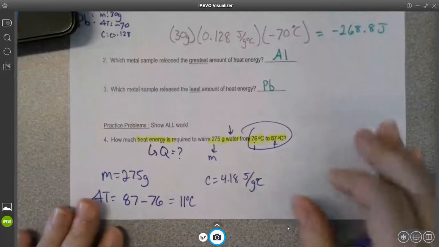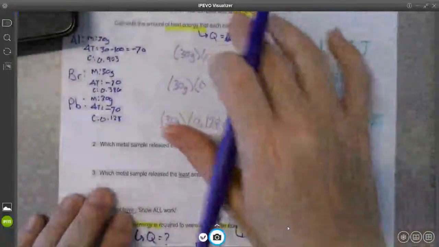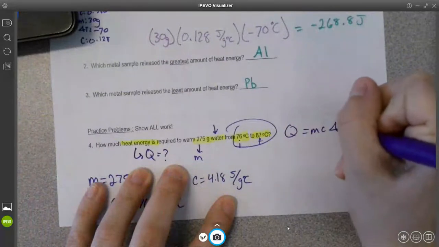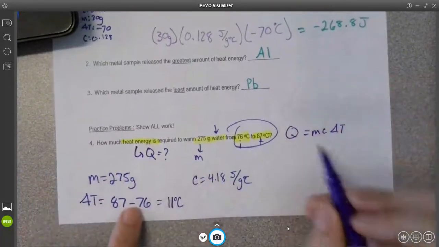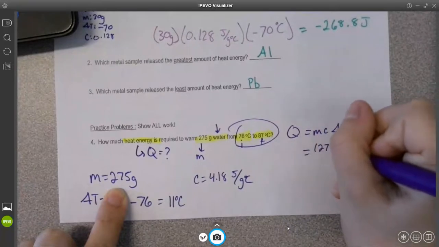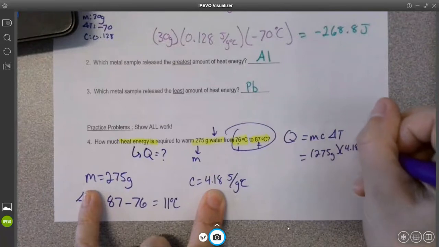All right, so we have our formula, Q equals MC delta T. Fill in what we have. Q is what we're looking for. Mass is 275. Specific heat is 4.18.